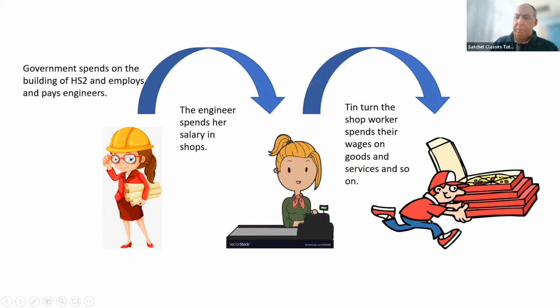And of course, this guy delivering pizza will go and spend his money, and the person that he spends his money with will then go and spend their money, and it carries on multiplying out. So the initial investment by the government will cause a far greater growth in the economy than the initial investment. And that's the multiplier effect. It's multiplying that initial outlay across the economy.